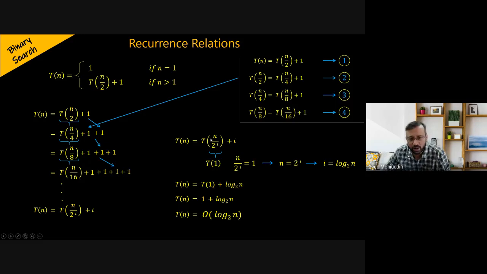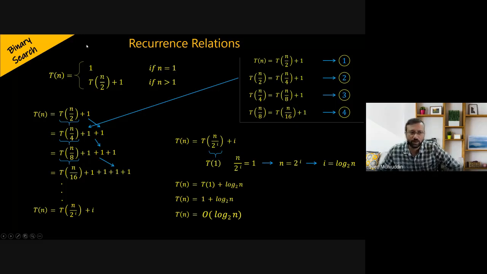Now this T of n by 2 power i. What we say is, we divide the problem such that it reduces to the smallest problem. So what is the smallest problem? The smallest problem is when n is equal to 1.